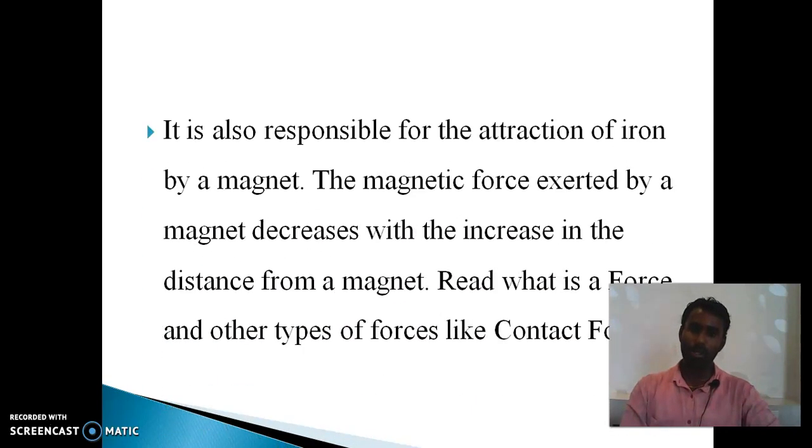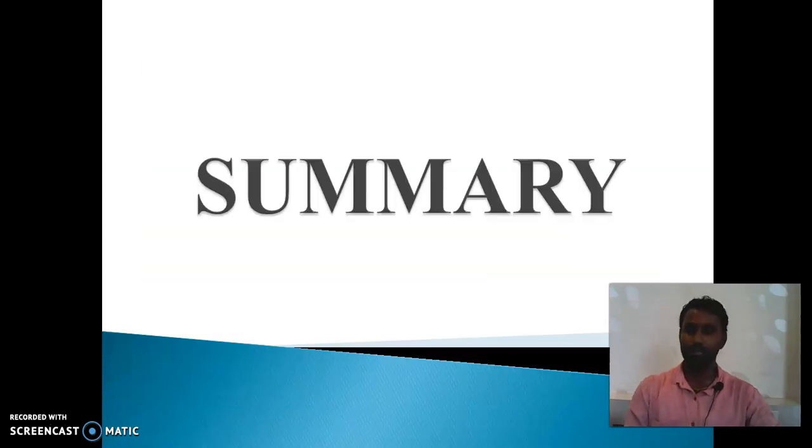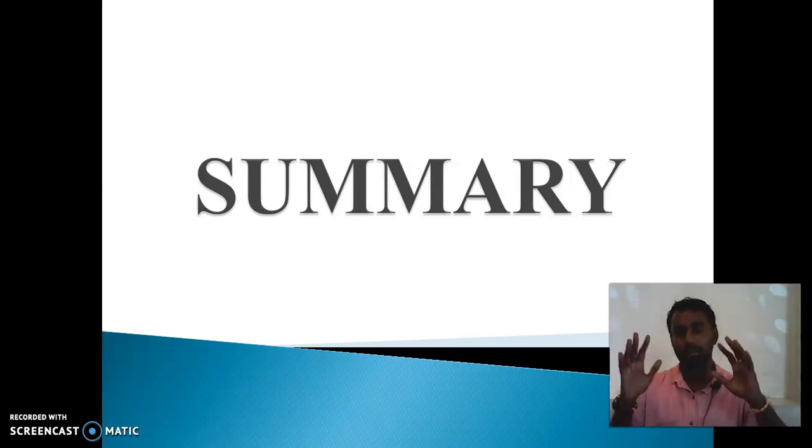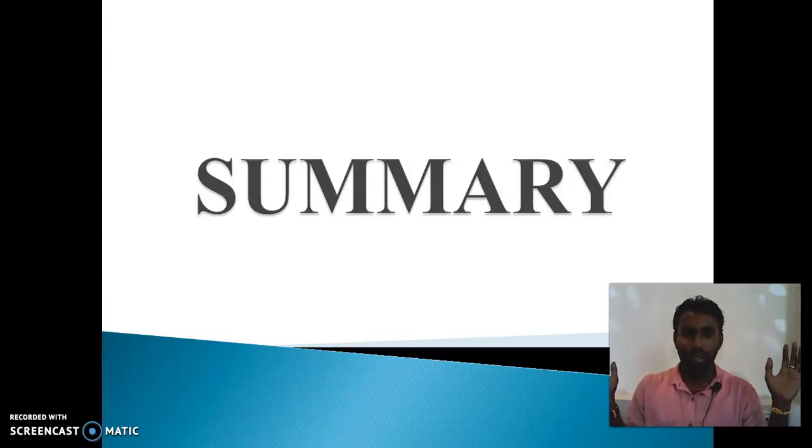That means non-contact force. The first one, gravitational force: whenever we consider two objects having mass, there will be some gravitational force between them, whether they are small objects or huge objects. Any two objects having some mass, gravitational force acts between them.